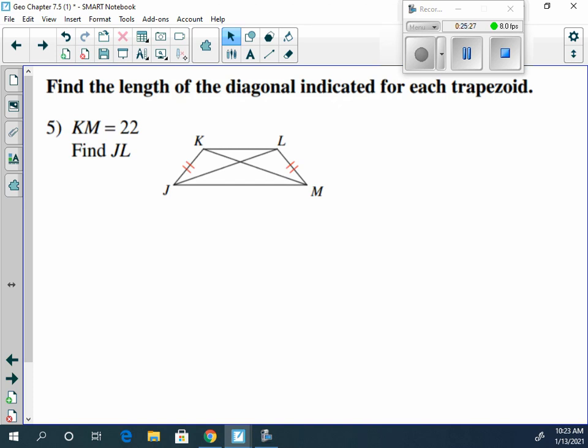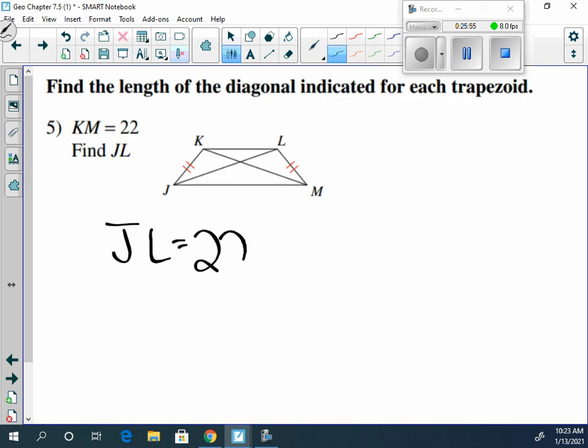Okay. So we're going to work with the diagonals here a little bit. If KM, the diagonal KM, is 22, find the length of JL. What would the length of JL be? Why is that? Because it's isosceles, yes? And the diagonals in an isosceles trapezoid are congruent.